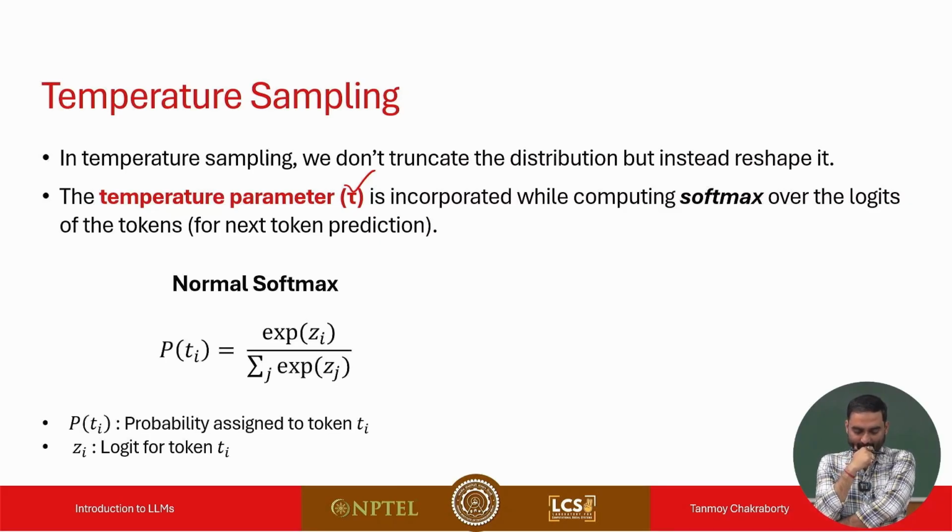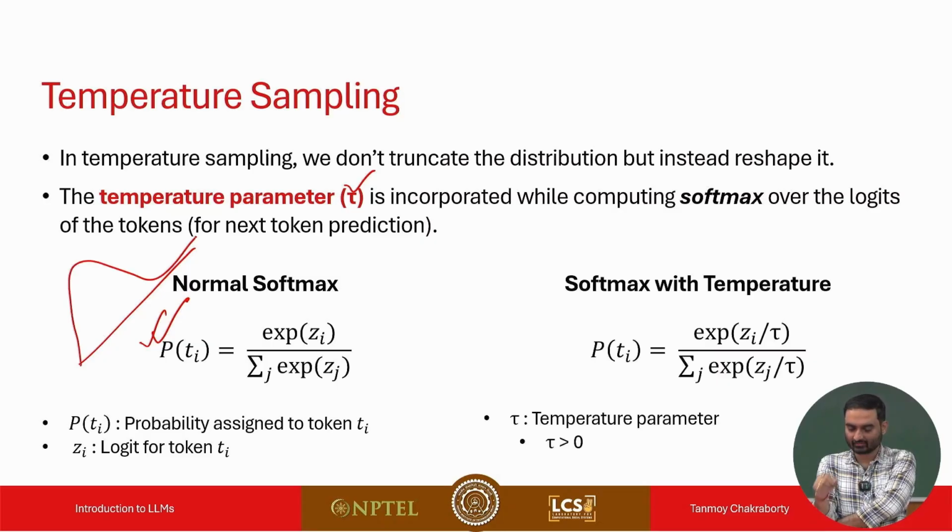This is my softmax probability based on which I create the distribution, and this is my softmax with temperature. You see the temperature here, dividing the actual logit by the tau parameter.